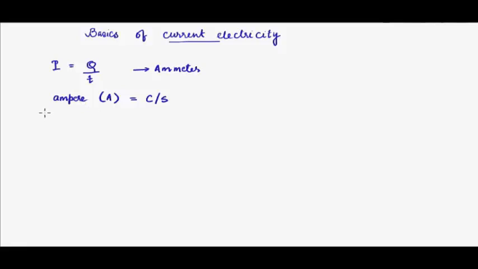Therefore, an ampere is coulomb per second. So 1 ampere is the amount of current passing through a system if a unit charge passes in 1 second.